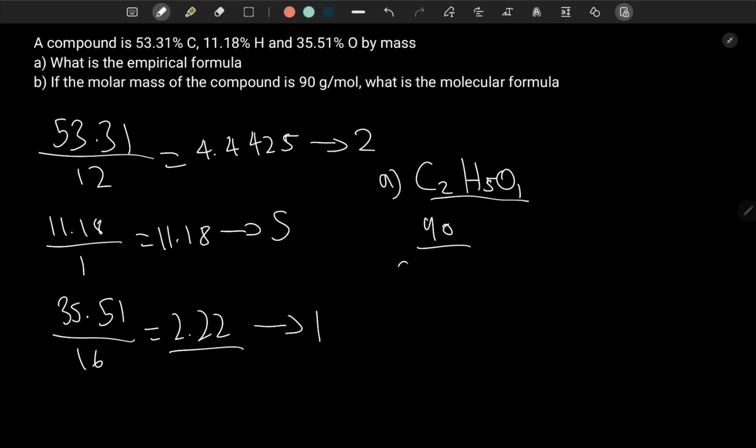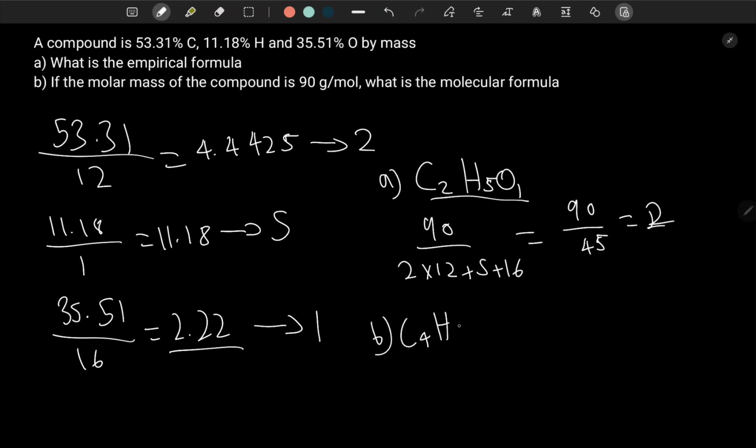That's 2 times 12 plus 5 plus 16, which is 45, so 90 divided by 45 is 2. So we have to multiply the empirical formula by 2. The molecular formula is going to be C4H10O2, and this is the molecular formula.